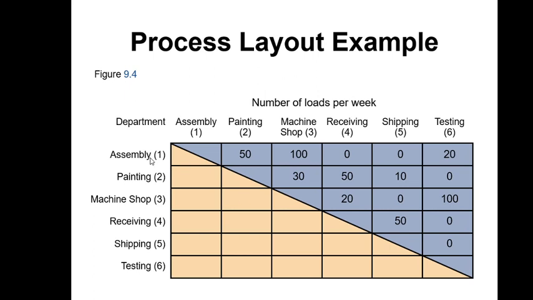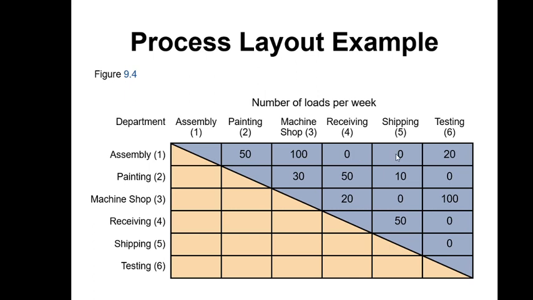Now we have to move, let's say, number of loads per week, weekly, from the assembly department to the painting department, 50 loads. But from assembly, for example, to the machine shop department, we have to move 100 loads. To the receiving, nothing. We don't have to move any loads from assembly to receiving.